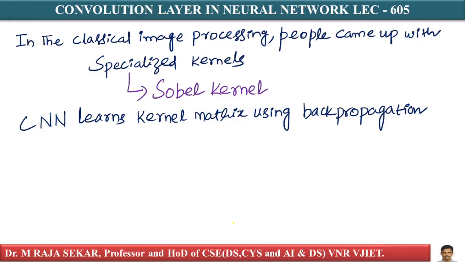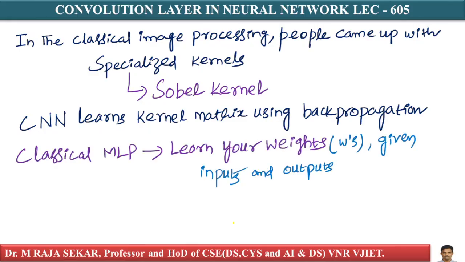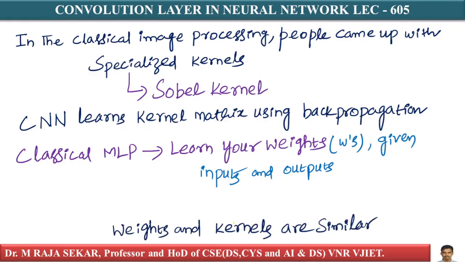In your classical multi-layer perceptron, your unknowns are W. You learn your weights, given inputs and outputs. In the context of CNN, you learn your kernels.